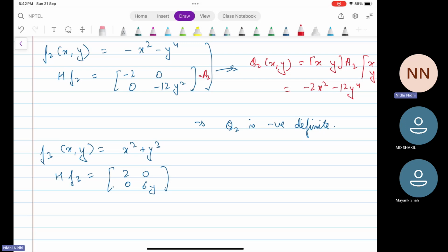If I mark this as A3, then we have Q3(x,y) equal to (x,y) A3 (x,y). This will be 2x square plus 6y cube. Now, can we say anything about this quadratic form Q3?